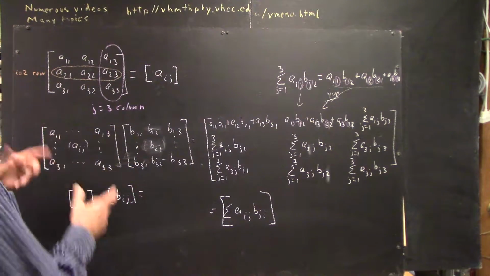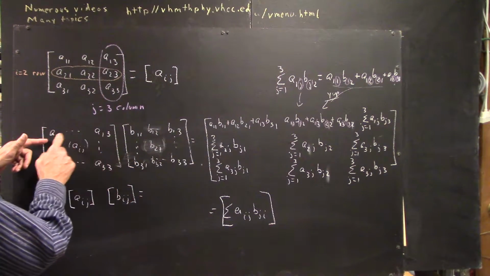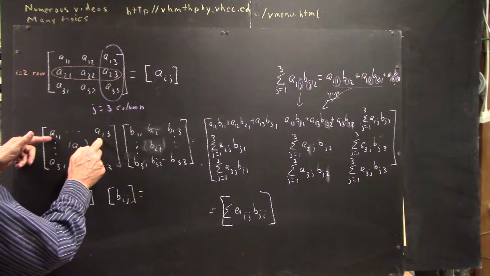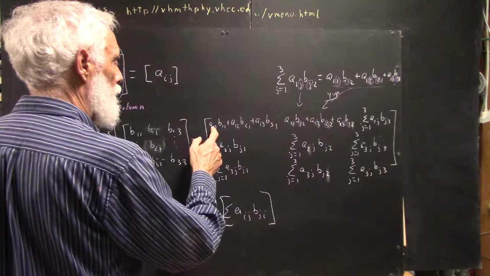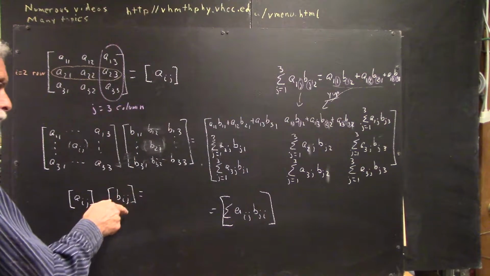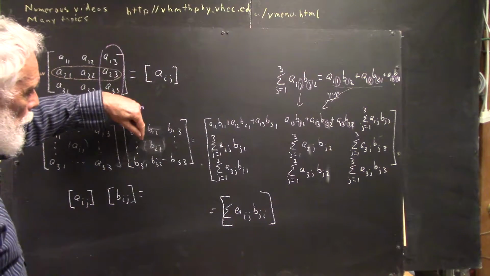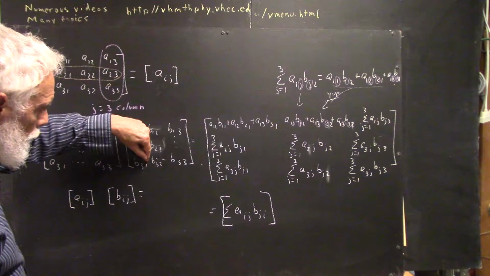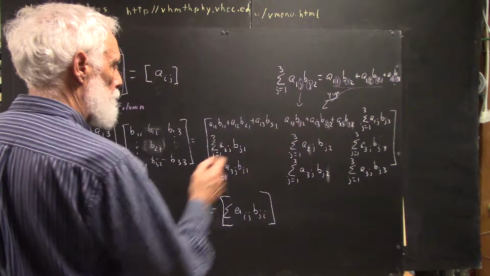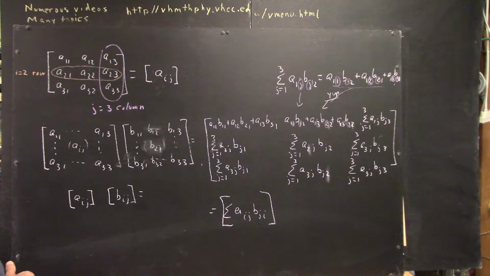In row 1, all the variables have a first index, the i index, of 1, so we have to have a 1 after the A for every one. And we have the first column of B, which means that the j, the second index, has to be 1. So the second index is 1, second index is 1, second index is 1.